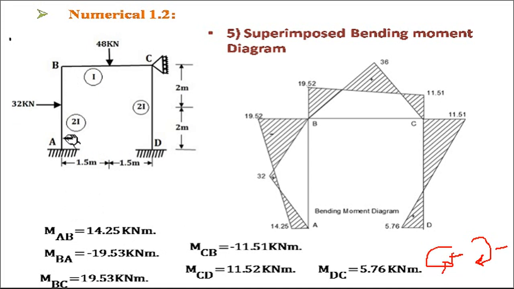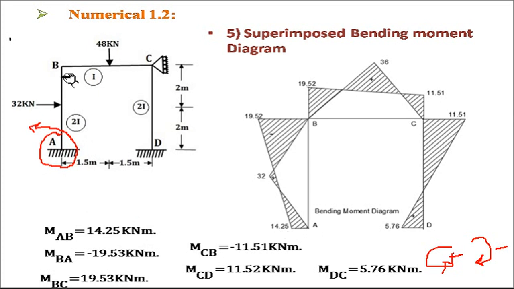So here you have to keep the pen in between A and B on the member AB, and you have to rotate the joint A in anti-clockwise direction. So I will rotate the joint A in anti-clockwise direction and it should cut the member once. Okay, so this moment 14.25 is acting on the left hand side of the joint A.